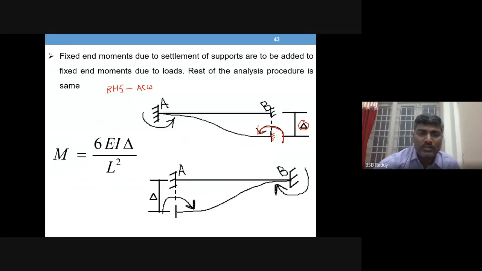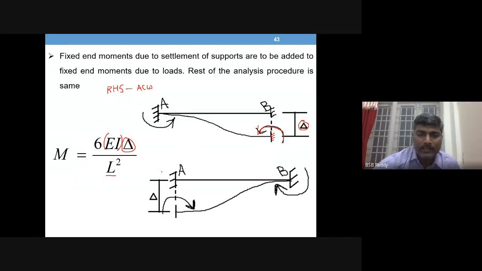So 6 times EI, the flexural rigidity of the beam, delta, the value of sinking, or else you can simply say the level difference between A and B, and L is the span of that portion AB. So this is for right hand side support sinking.